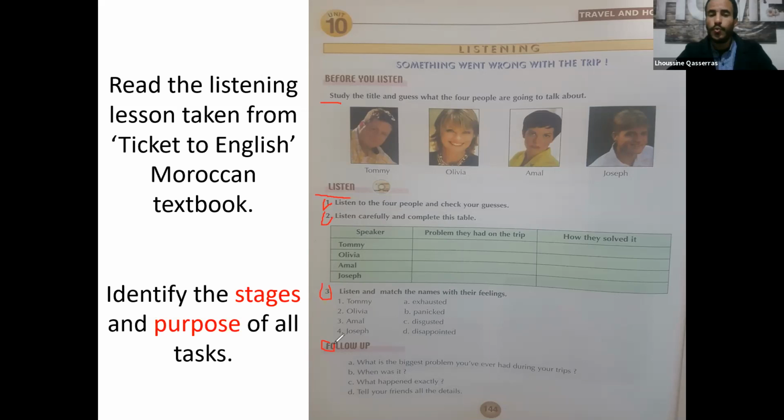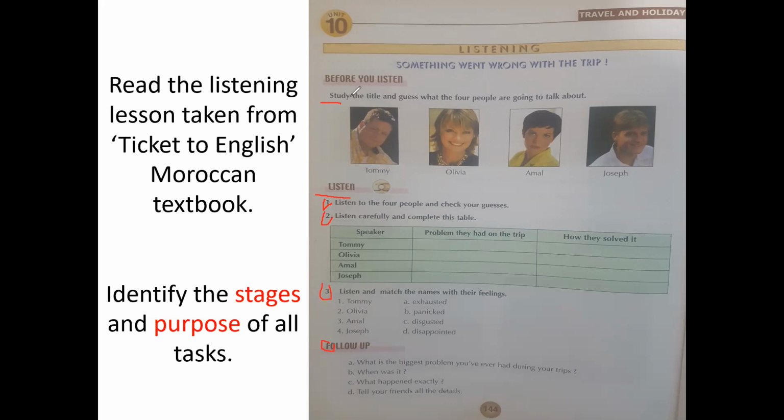Now, your job is to identify which task is for the pre-listening. So let's see here: before you listen, study the title and guess what the 4 people are going to talk about. What do you think about this one? Is it pre, while, or post? Pre-listening. So, Saida. I think it's pre-listening.